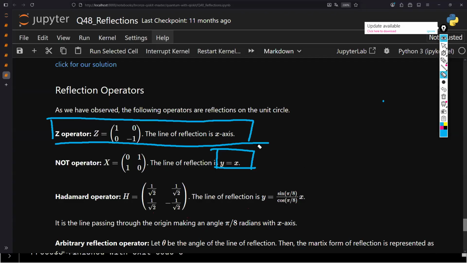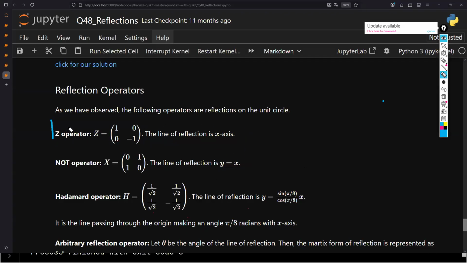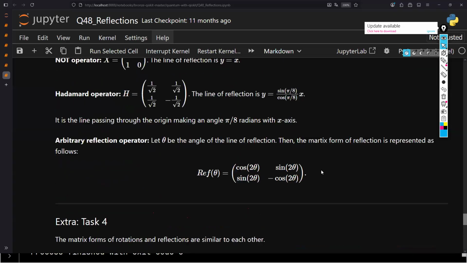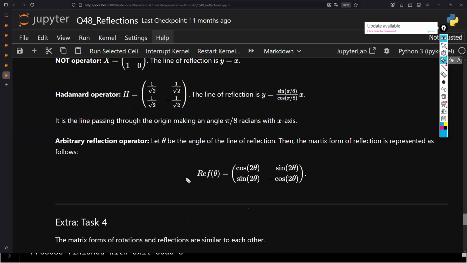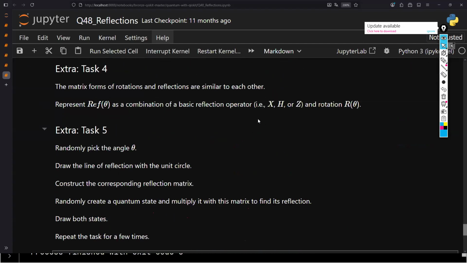So these are two gates that we actually will use. The Z operator will come up later on. And this is the reflection gate formula that you can use to express the reflection on the unit circle.